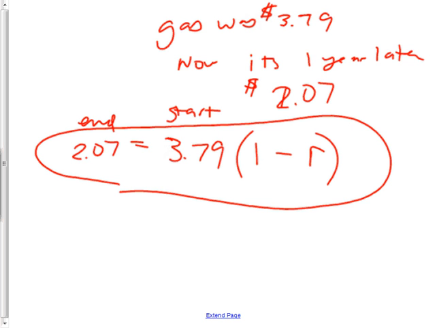I'd start by dividing by 3.79. You could multiply it up in, but that makes it a lot harder, so personally, start by getting rid of the 3.79. Divide by 3.79.